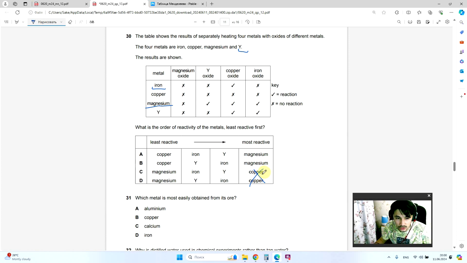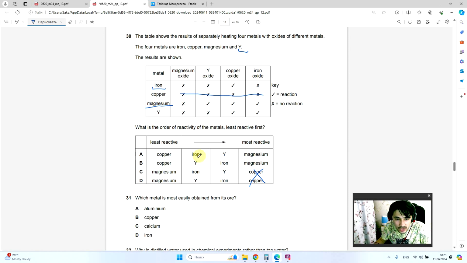So you can cancel out options C and D. Then we need to check this list. Copper is the least reactive in this series because copper didn't give any reactions with all of these oxides. So the least reactive metal is copper.